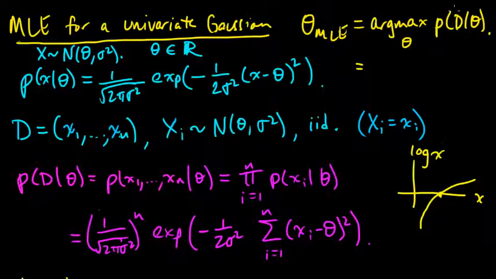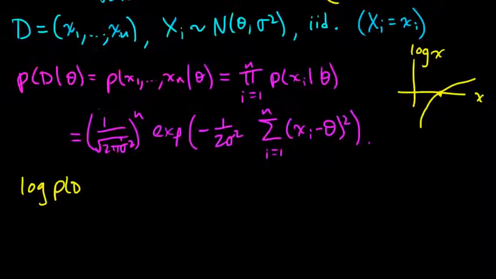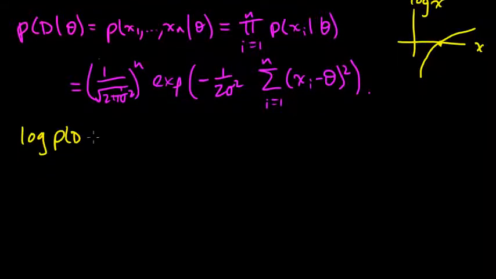So if we maximize this, that's the same as maximizing the log of it. So this equals the argmax over theta of the log of the probability of D given theta. So we can take the log here and maximize that instead.